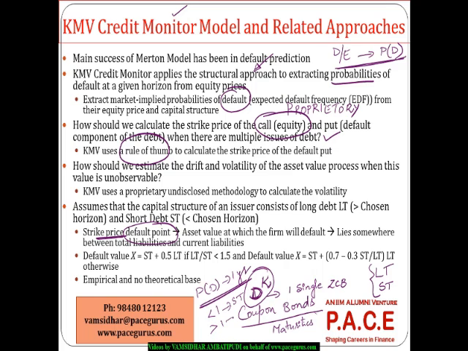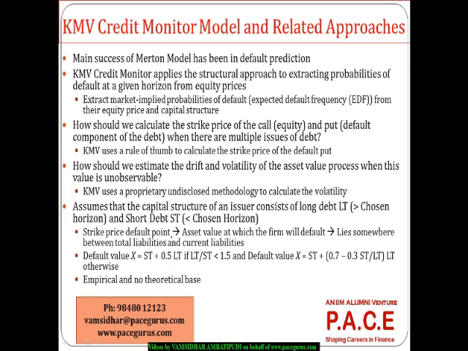If it is greater than 1 year, they are calling it long term. So they have come out with a model wherein the whole set of bonds of the company are classified either as short term or long term. And based on that, they are coming out with the computation of the strike price at the default point, the value of the asset where the firm is going to default.